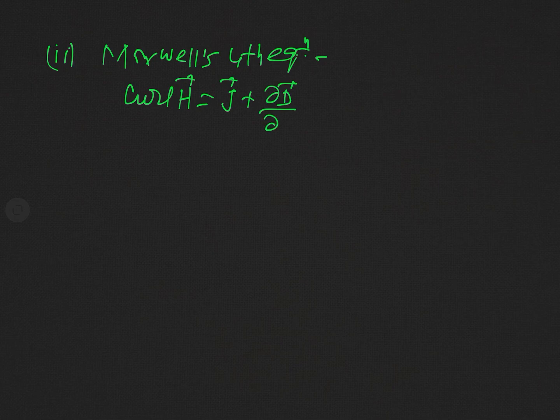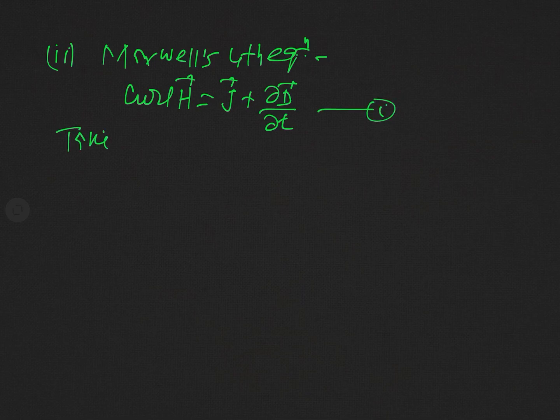Maxwell's fourth equation, we know, is curl H is equal to J plus del D by del T. Now we will take divergence of this equation. Say this is equation 1.